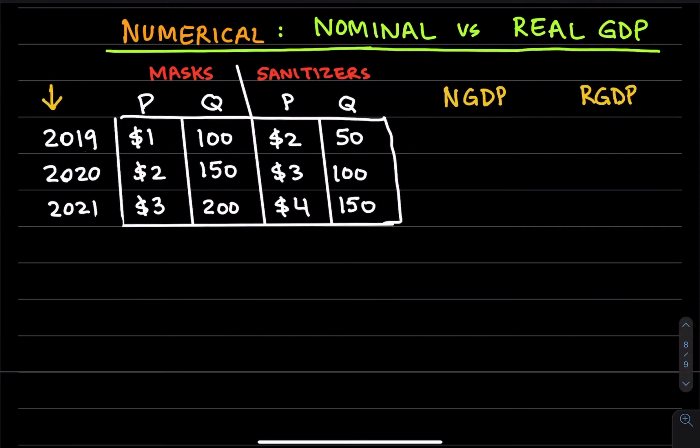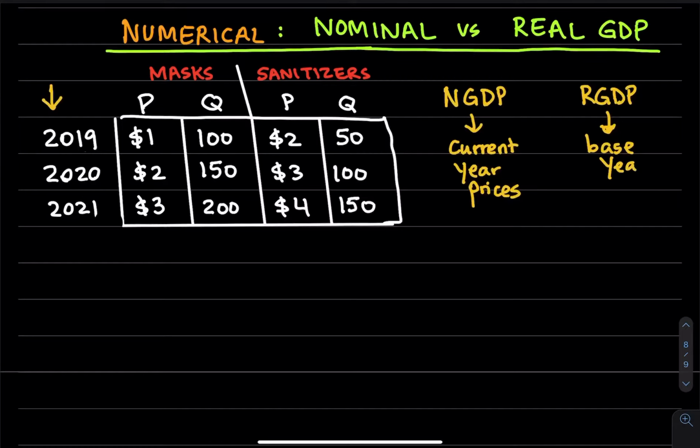So recall that nominal GDP uses the current year prices, which is to say, when we're calculating nominal GDP for any year, we are going to use the prices from that very year. However, when we are talking about real GDP, we are going to use base year prices.